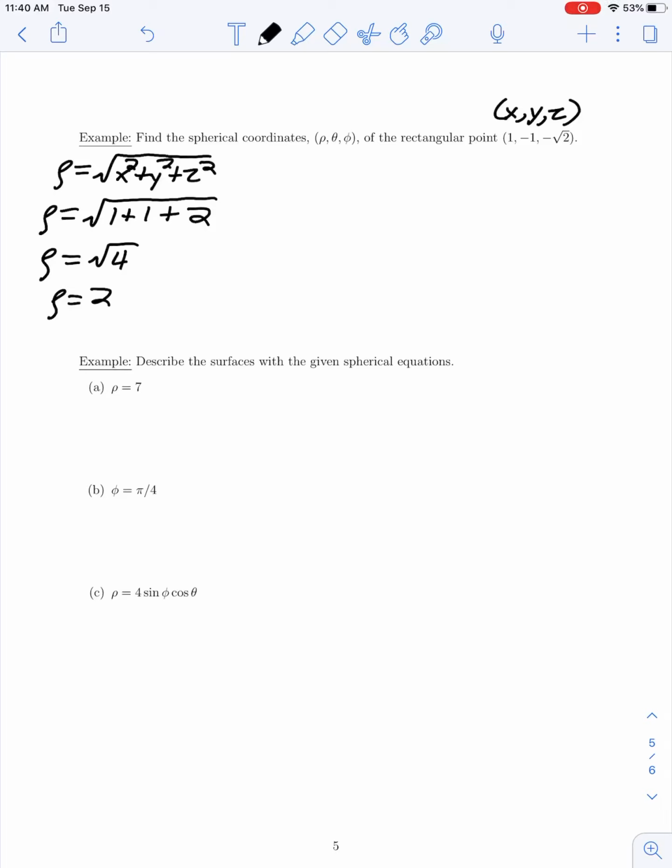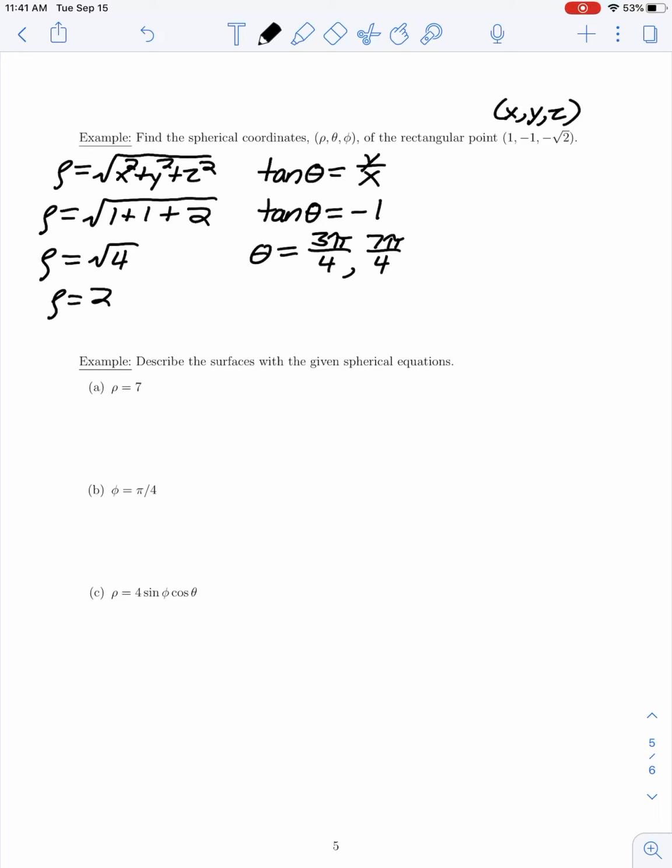Now to find theta, we would make use of the fact that tangent of theta is given by y over x. So here tangent of theta would be -1 divided by +1, so just -1 there. So we're looking for the angle theta such that tangent of theta would be -1. So we would have the angle measures 3 pi over 4 or 7 pi over 4.